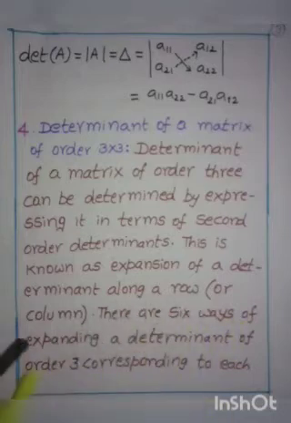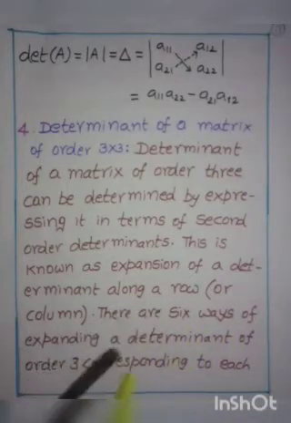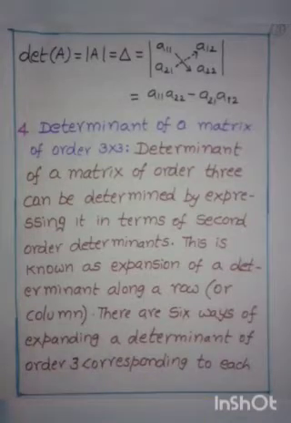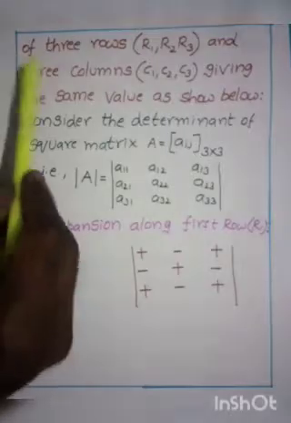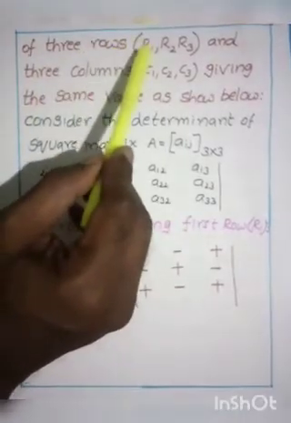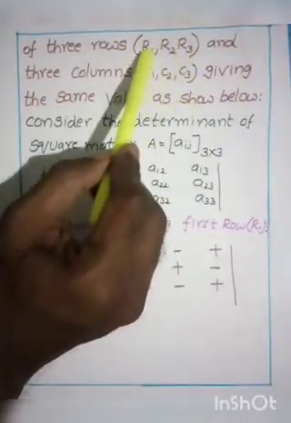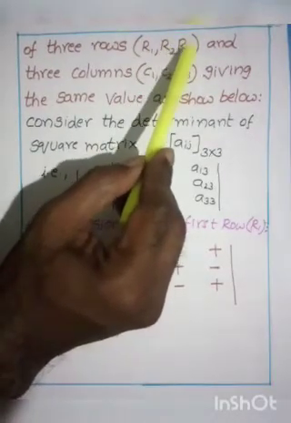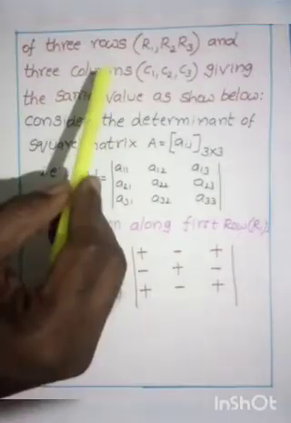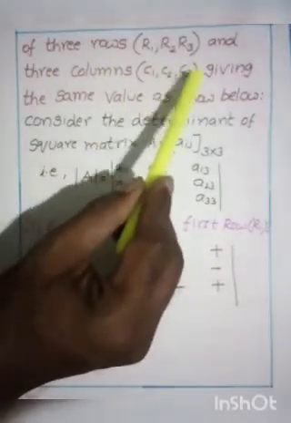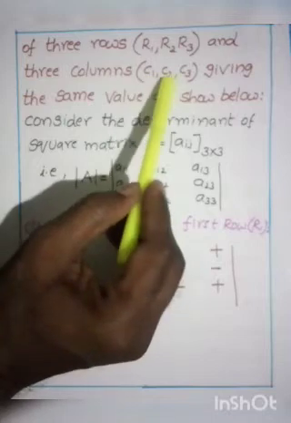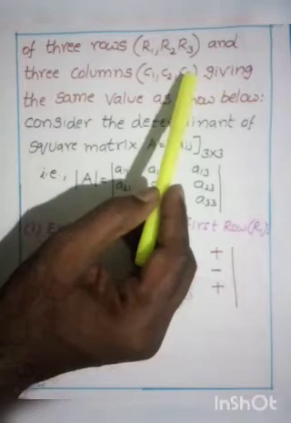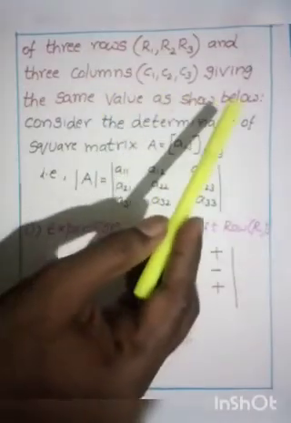There are 6 ways of expanding a determinant of order 3, corresponding to each of 3 rows, namely R1, R2, R3, where R1 denotes first row, R2 second row, R3 third row, and 3 columns, namely C1, C2, C3, where C1 denotes first column, C2 second column, and C3 third column, giving the same value as shown below.